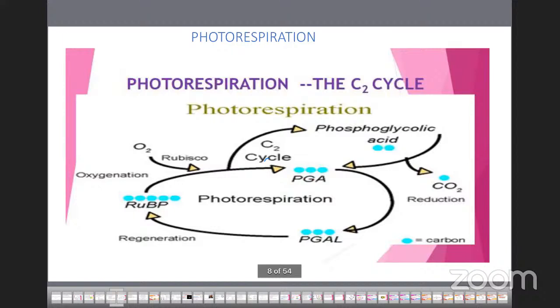So here the first formed thing is a C2 compound. That's why it is called the C2 cycle. So this is about the schematic representation.